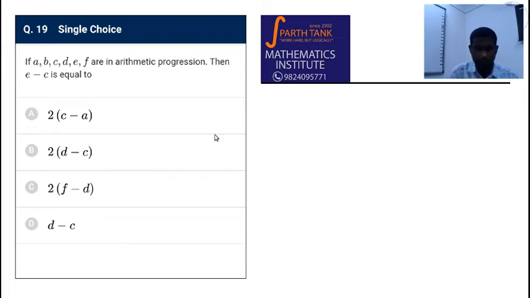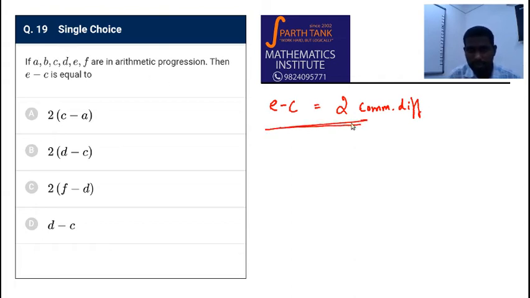Question number 19. If A, B, C, D, E, F are in arithmetic progression, then E minus C is equal to. E minus C is 2 times the common difference, right? Because between any consecutive numbers, the difference is one common difference, d. So C to D there is one common difference, and D to E another common difference. Now if you see here, 2 times C minus A is in itself 2 times common difference, so 2 times 2 times common difference, which is 4 times common difference.